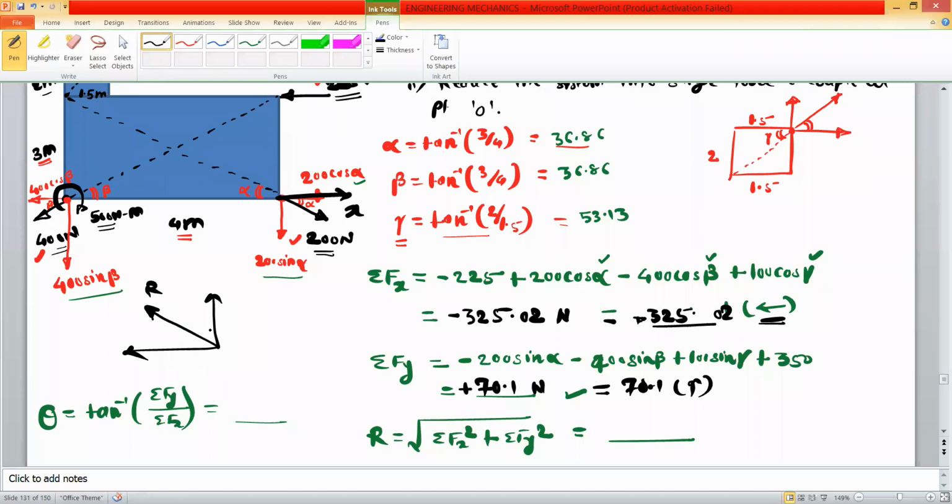So this is the resultant R. So get this value by using this formula, square root fx square plus fy square, and then find out the angle theta. So it is tan inverse summation fy divided by summation fx. So theta is 12.16 degree.